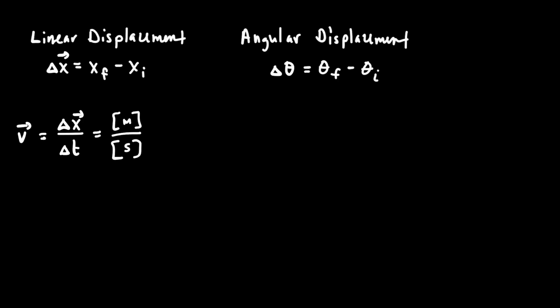And so previously we just called this velocity, but now we might call this linear velocity. And so now we're going to draw the parallel and define a new quantity which we'll call angular velocity.